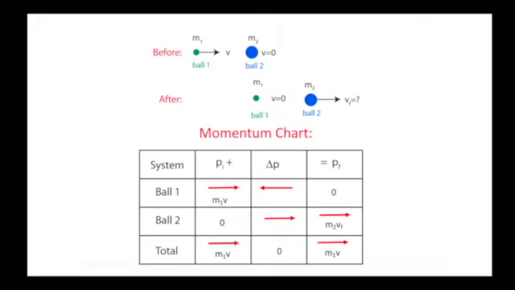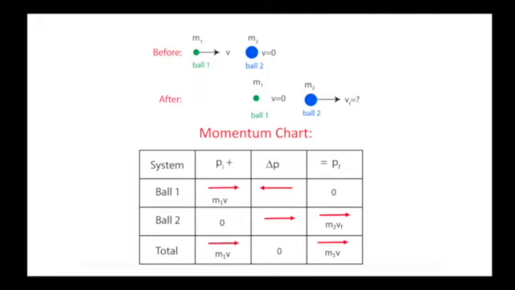I have a ball moving with some speed toward another ball that's stationary. It hits it and stops, and then the other one shoots off in the other direction. So if we use a momentum chart to summarize what happens here, remember our momentum charts, we have columns for P initial, delta P, and P final, and rows for all the objects in our system plus the total.